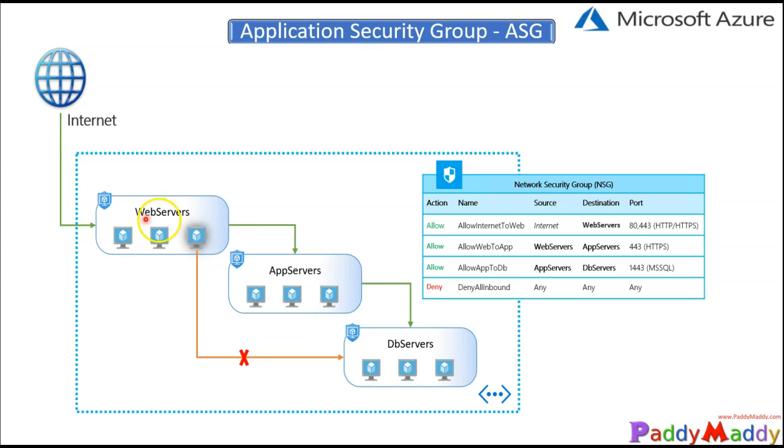But the DBs, since they do not have that ASG, cannot communicate with these two categories. Then we create one more ASG just for the application service as well as the DB service. That's where both can communicate. But since the first category is not available for the web service ASG, it cannot communicate. We are going to do that in a practical in a minute or so.